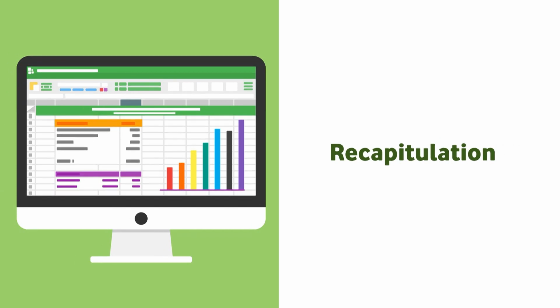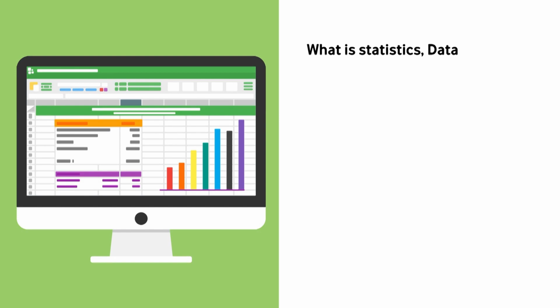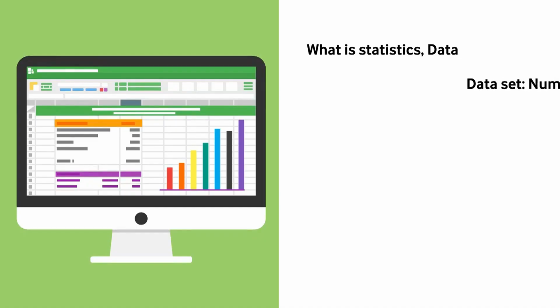In the previous session we have discussed what is statistics, and we have seen that statistics is nothing but collection, presentation, analysis and interpretation of data, the information, in a way that it can be used for managerial decisions. We have also talked about what is data, what is the nature of data.